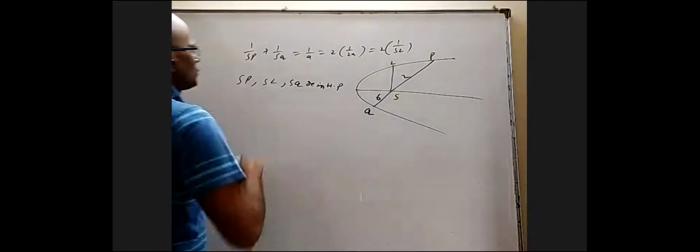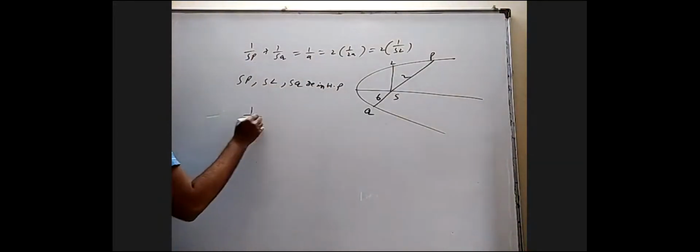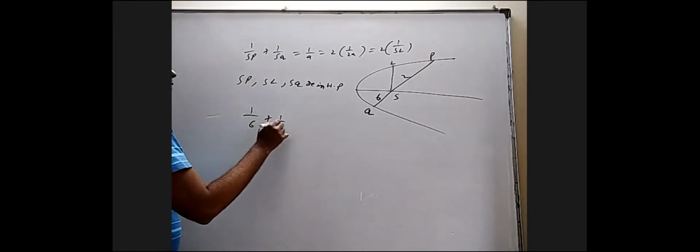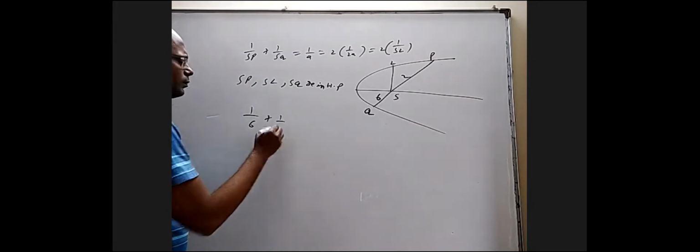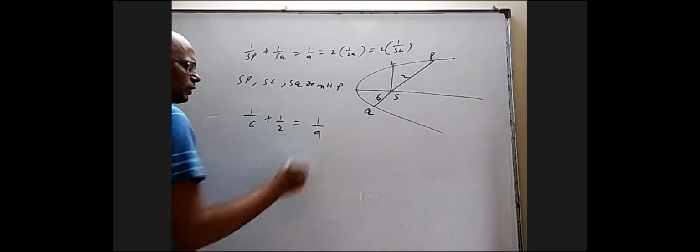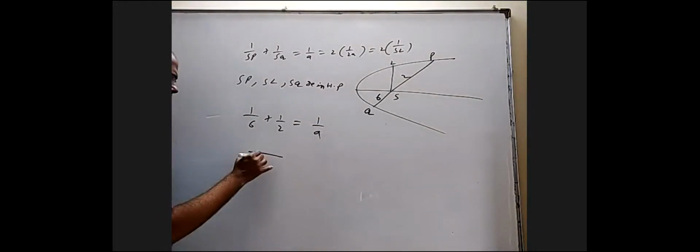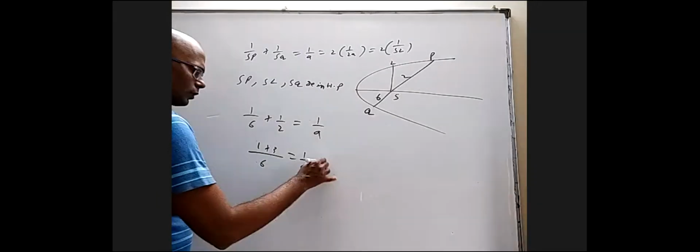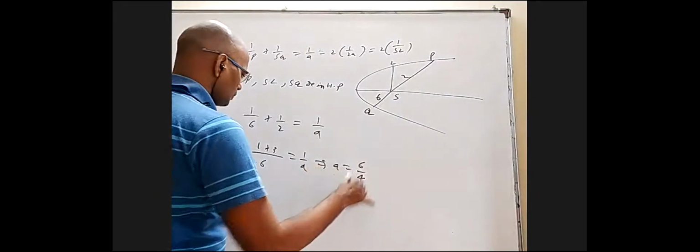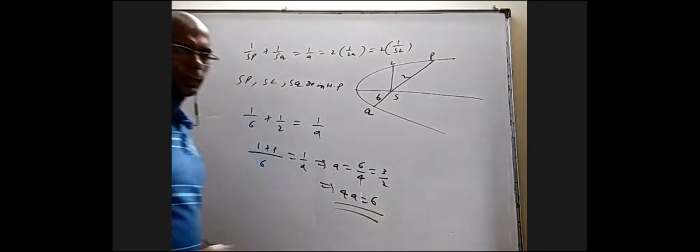Okay, so now 1 by 6 plus 1 by 2, or vice versa, is equal to 1 by a. So a is equal to 6 by 4, 3 by 2. 4a equal to 6.